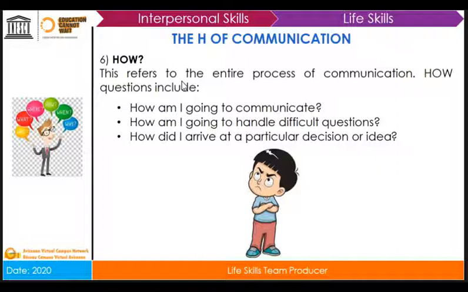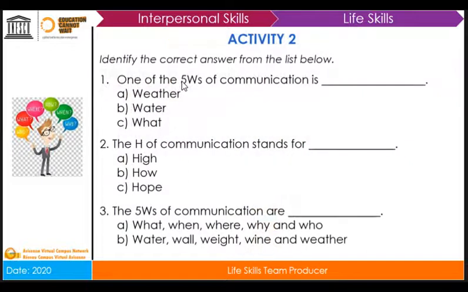And 3. How did I arrive at a particular decision or idea? Remember, dear learner, H in communication stands for how, which explains the entire process of communication.